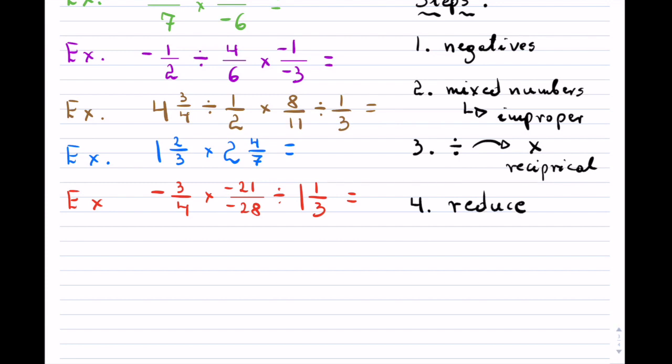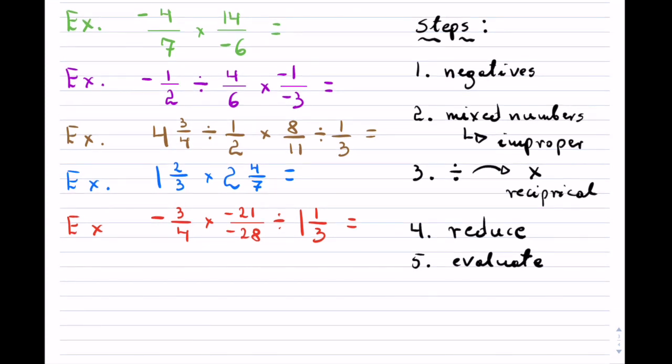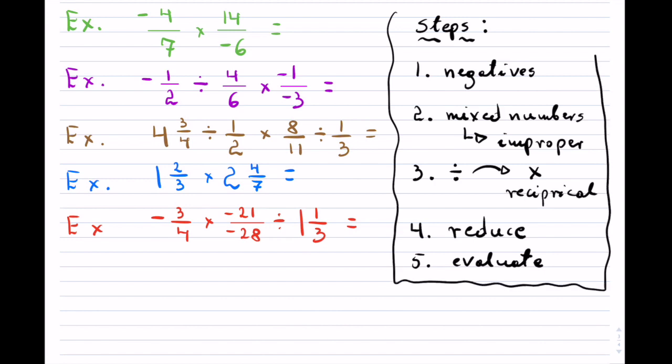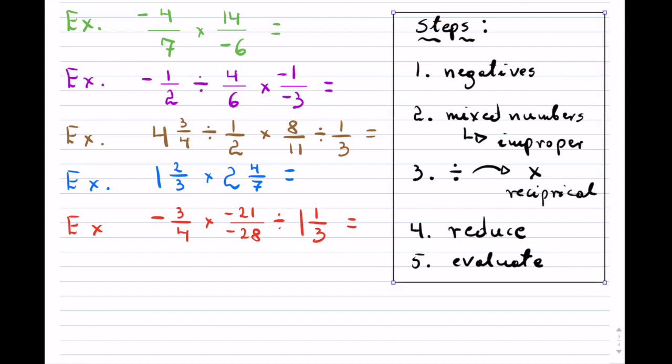So before doing anything, I actually will start reducing, and I'll show you that through these examples. And then finally, once you reduce, you just evaluate or you solve the whole thing. So let's keep these steps in mind, and you can, as someone who is just starting maybe on these fractions or just learning or relearning them, keep these steps as I'm going through these examples.